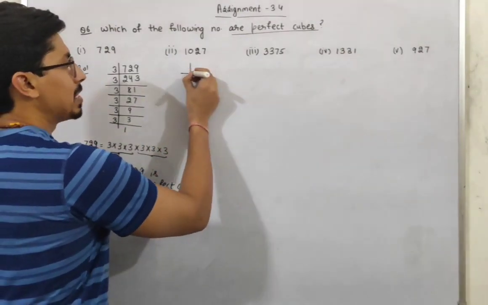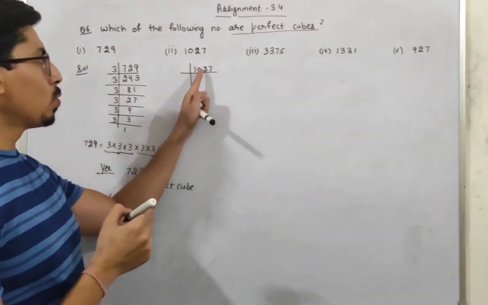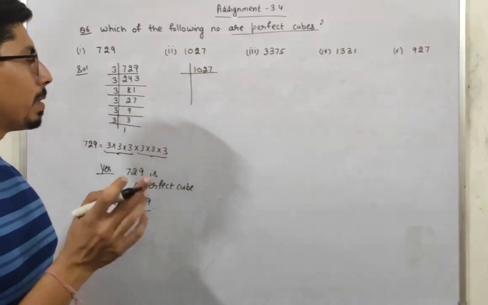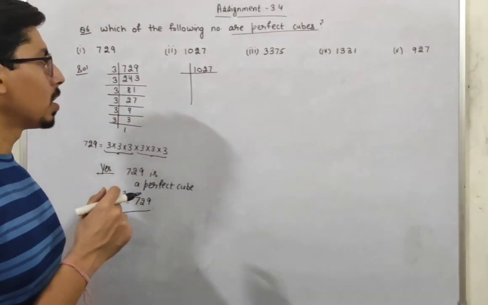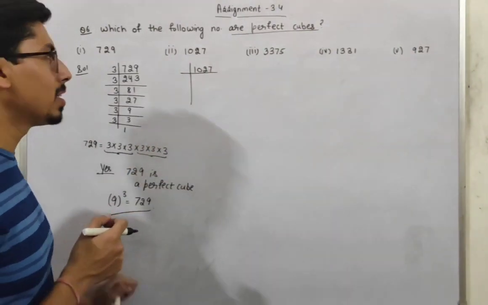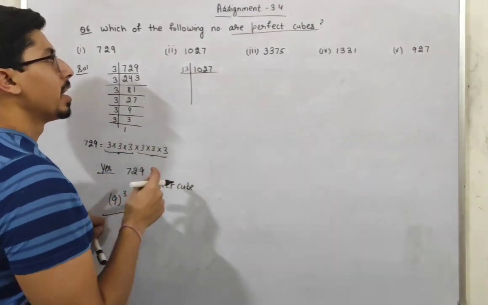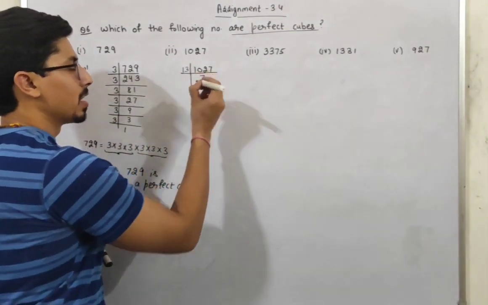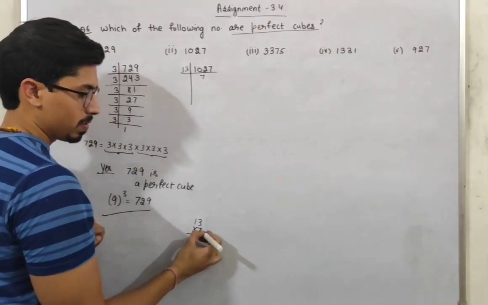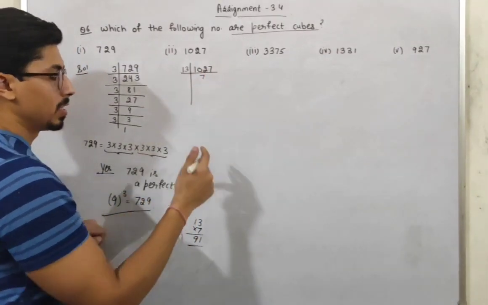Okay. Now moving forward to the second part, we have 1027, students. If I take this 1027, so 7 and 2, 9 and 1, 10. Students, it is not divisible by 3, not by 5, not by 7. So if I divide it by 13, students, yes, it is divisible by 13, because 13 sevens are 91.